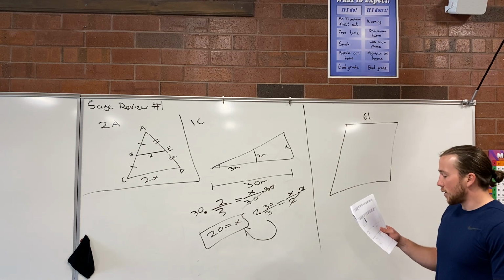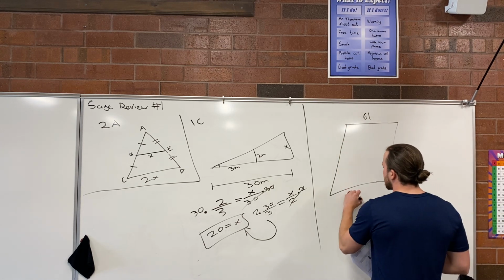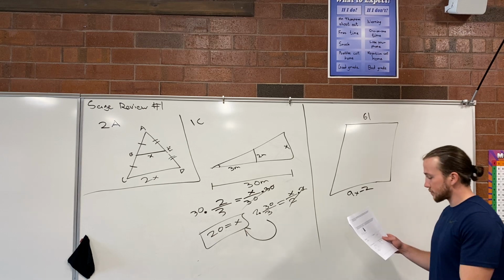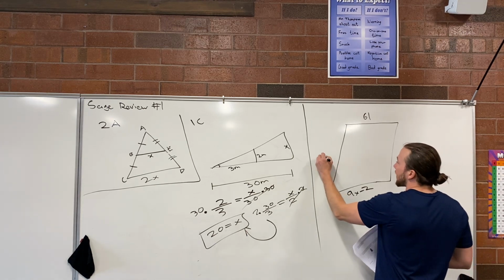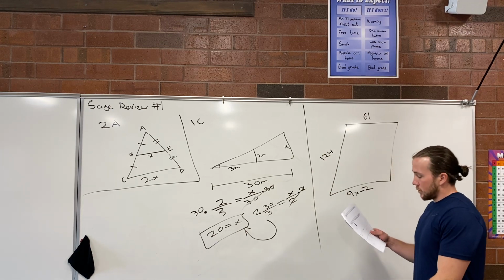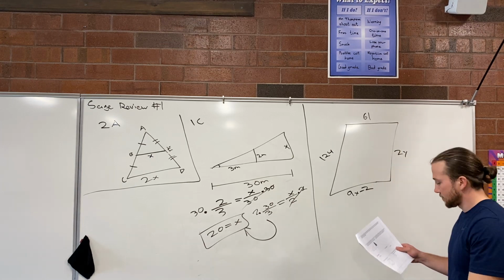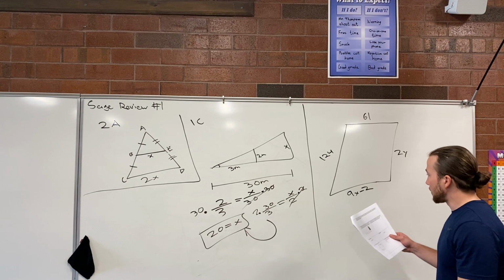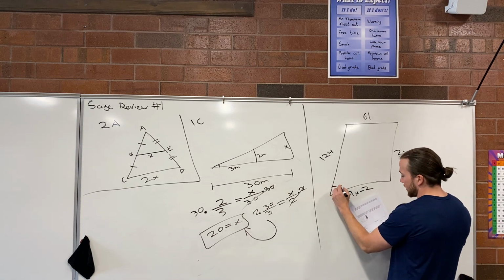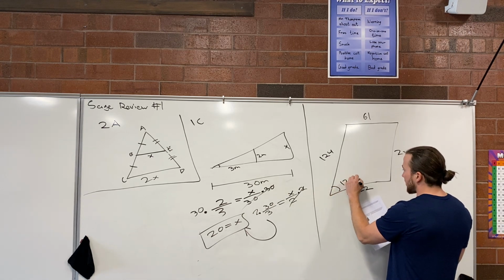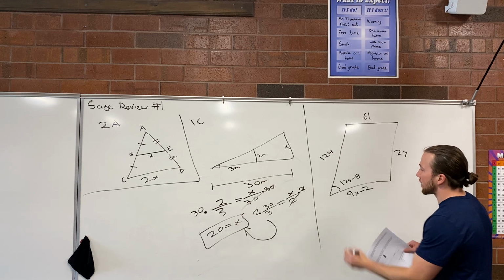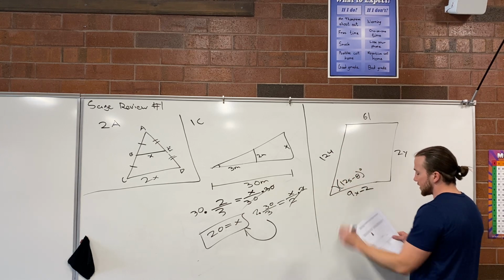So we've got 61 there. We've got 9x minus 2. We've got 124 on this side. We've got 2y over here. And then we've got an angle. This is going to be 12s minus 8. And the degrees really don't matter, but we can put this all as degrees.